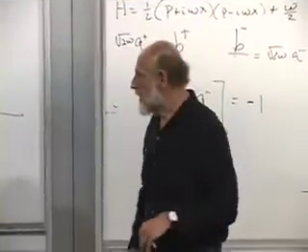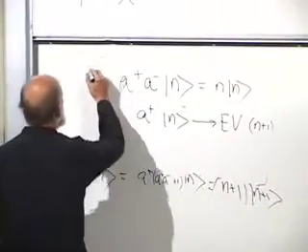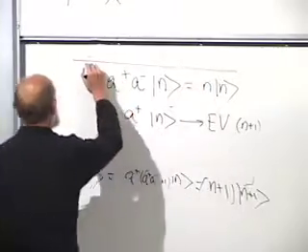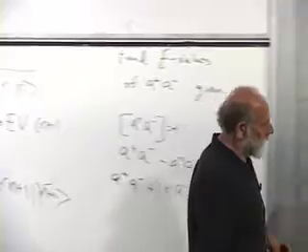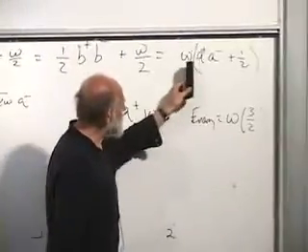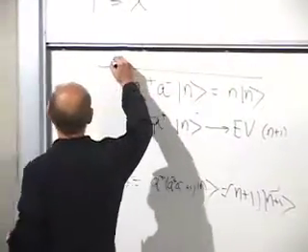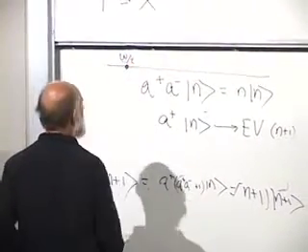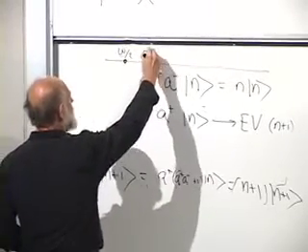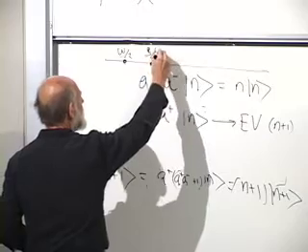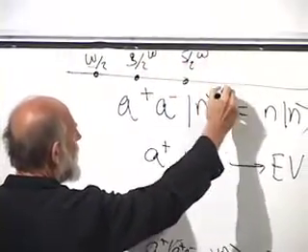The result is that the spectrum of eigenvalues of the energy starts at omega over 2. Operating with A plus adds 1 unit, which means it becomes 3/2 omega. Hit it again, it becomes 5/2 omega, and so forth.